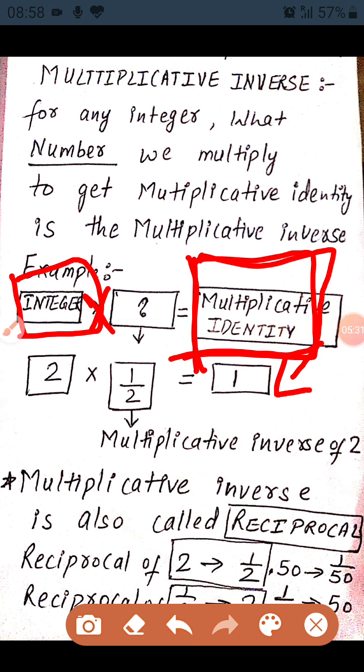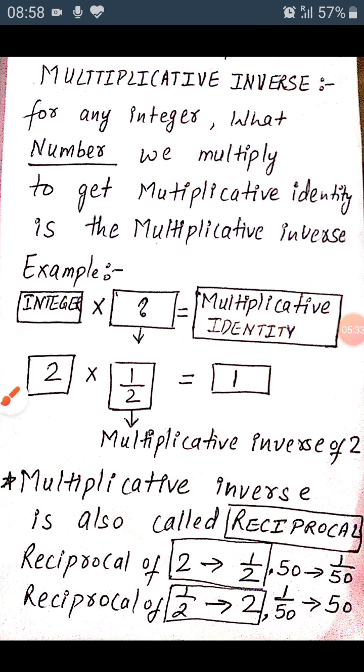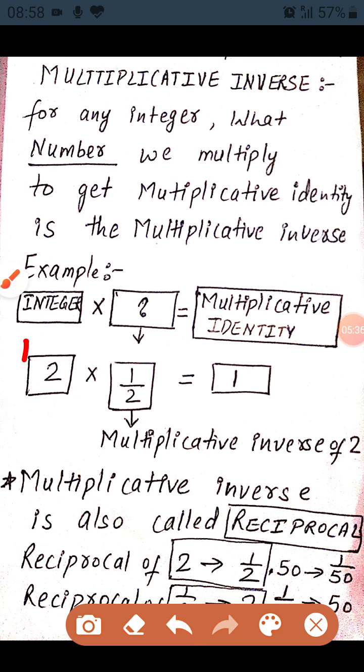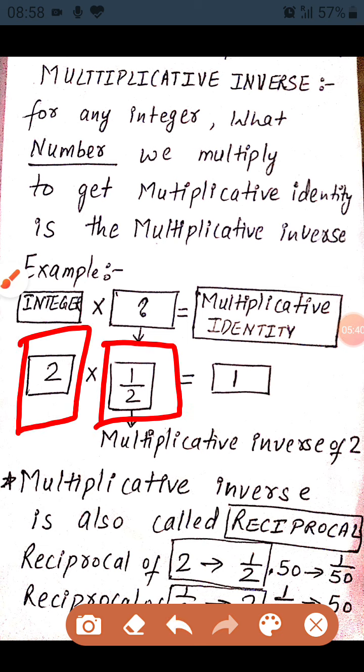For example, plus 2 is an integer. What number should be multiplied to get 1? 2 into 1 by 2. The 2 and 2 will be cancelled and the remaining will be 1.